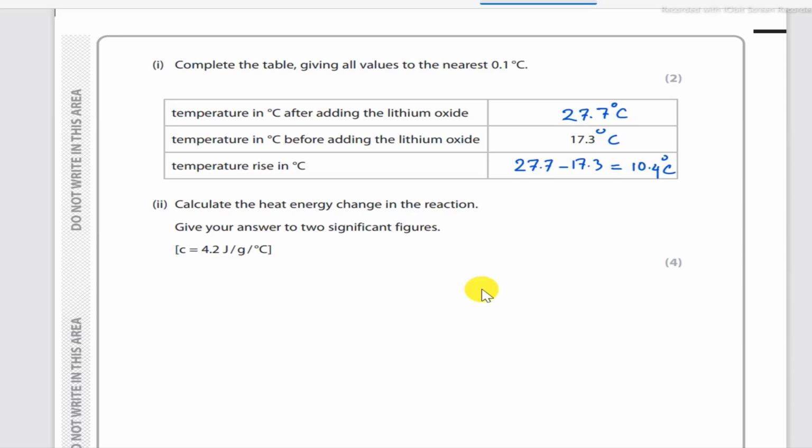Calculate the heat energy change in the reaction. Give your answer to two significant figures.